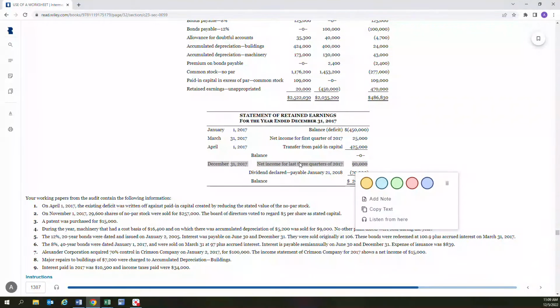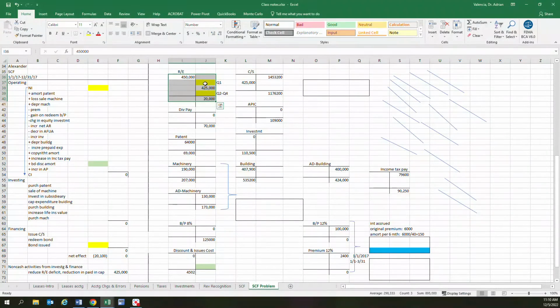I know this looks weird, but it's as easy as if it would have been one amount, then it would have been the summation of those two, or 115. But nothing wrong with having two of them. So quarter one, it was 25,000 that was closed into this, and then quarters 2 to 4, that was 90,000. And what that information helps me determine is that net income for the period was 115, the summation of those two.